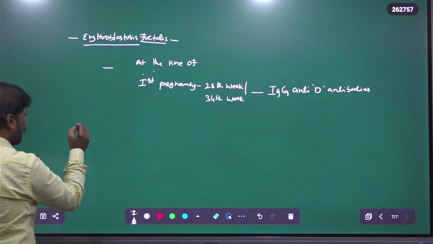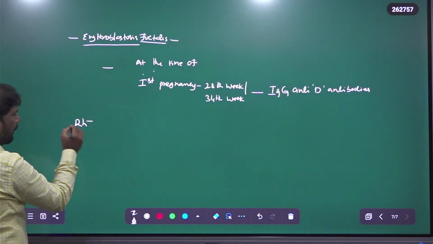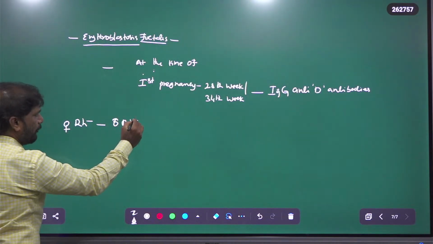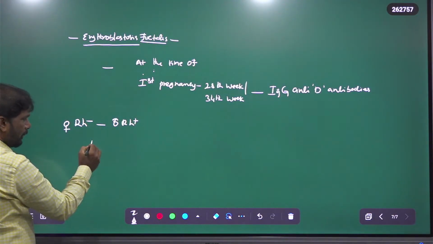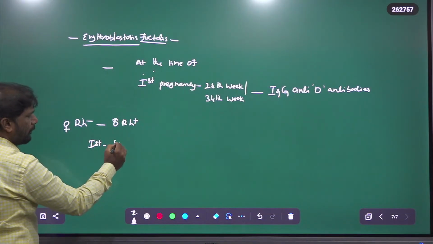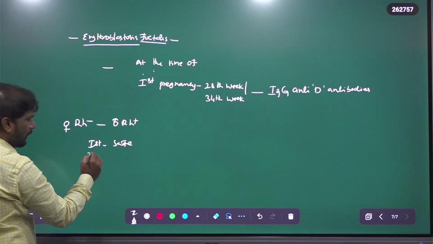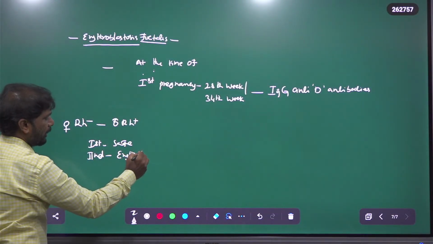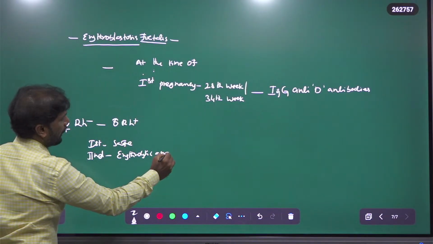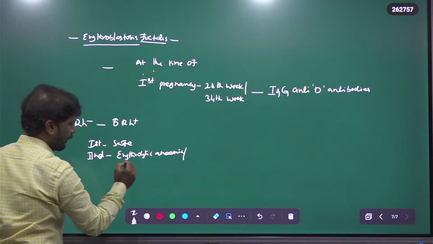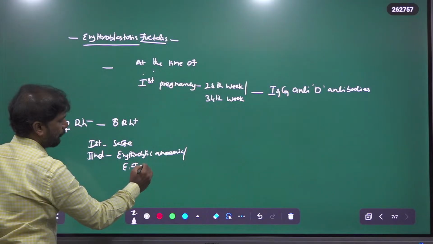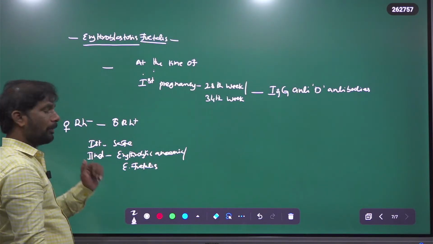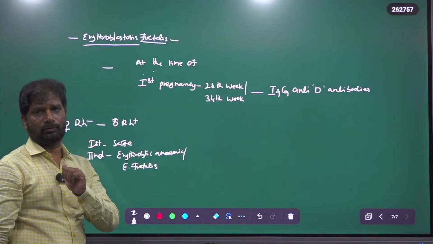When this type of marriage takes place, the first baby will be safe, but the second baby suffers with erythroblastosis fetalis.